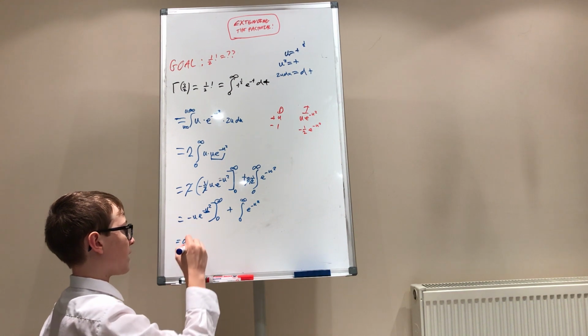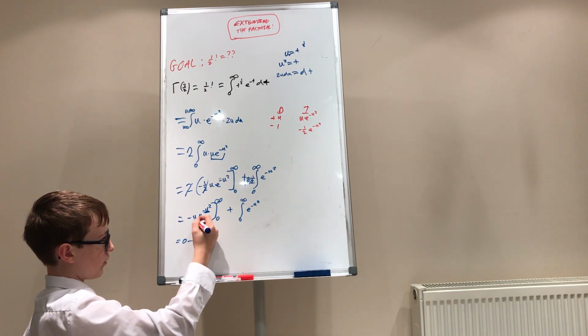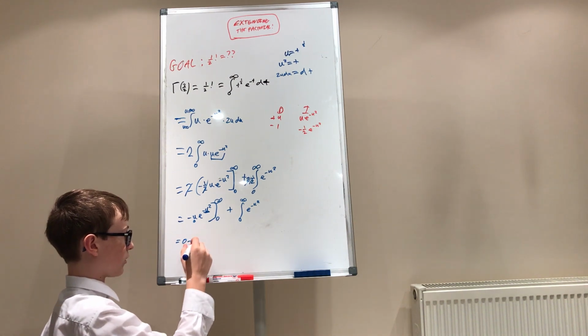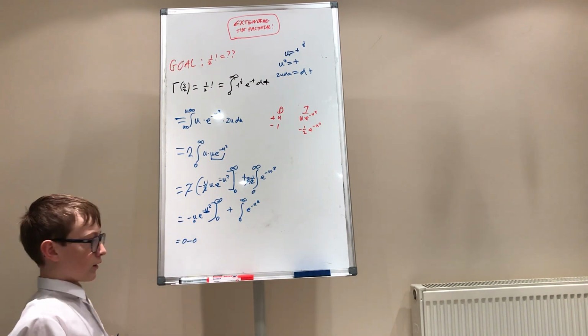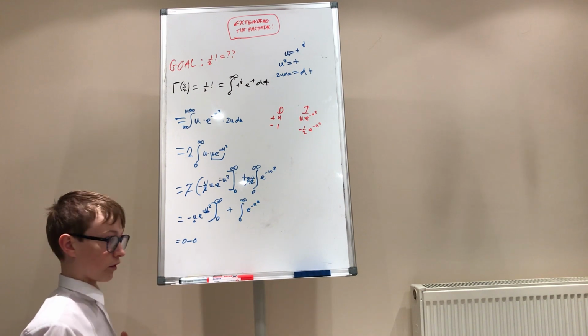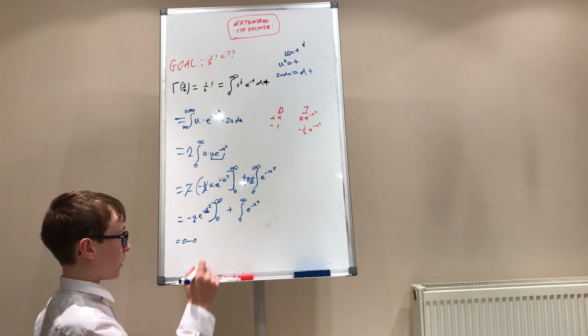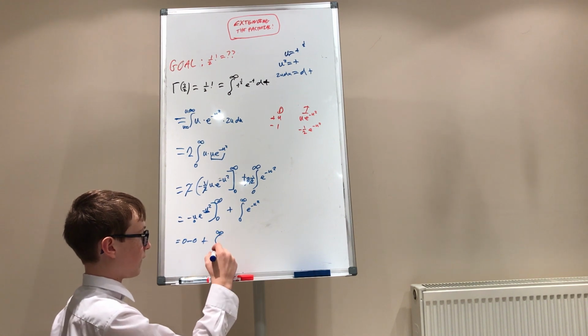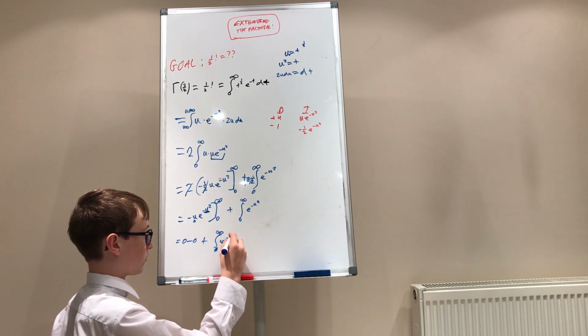So equals 0 minus. And when we plug in 0 into here, this also becomes 0. So 0 minus 0, looks like glasses on castling if you play chess. Plus the integral between 0 and infinity of e to the negative u squared du.